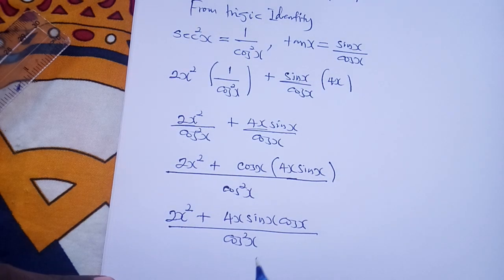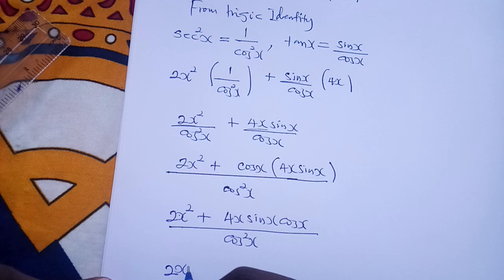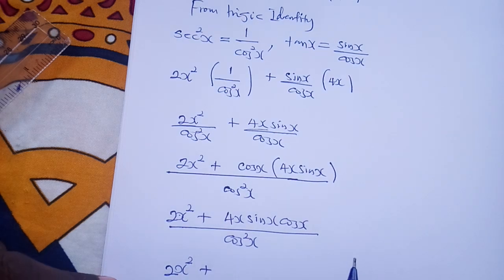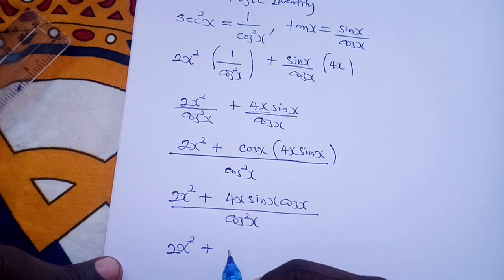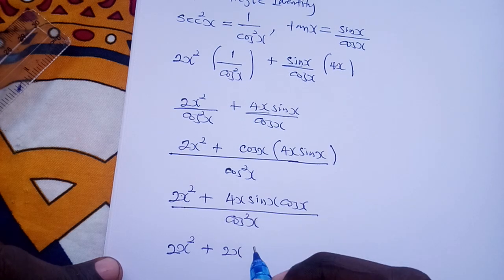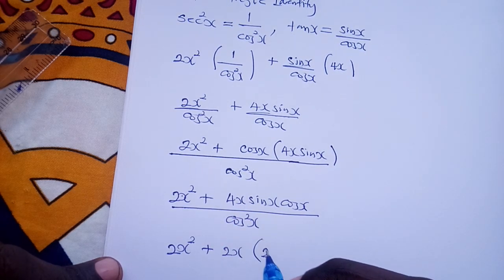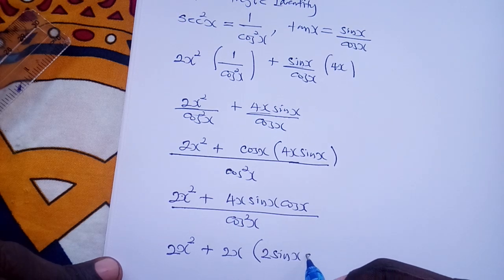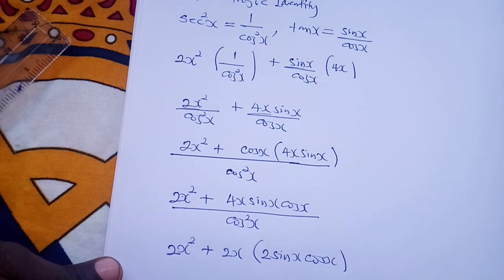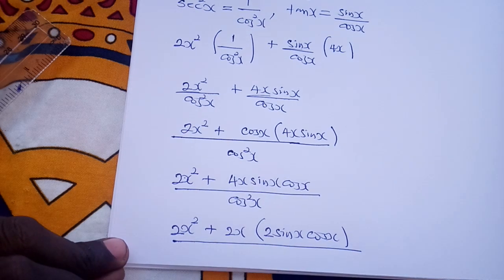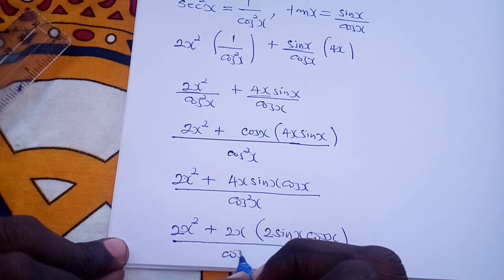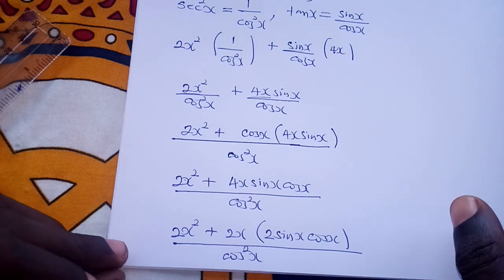Now the next step, let's factorize here. We want to make this one look like this. Now we have 2x square plus, if you are taking 2x outside like this, what do you think will remain here? This one becomes 2 sin x cos x. Then we divide everything by cos square x.